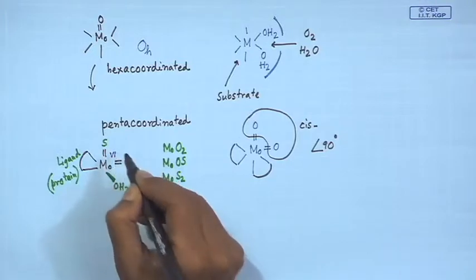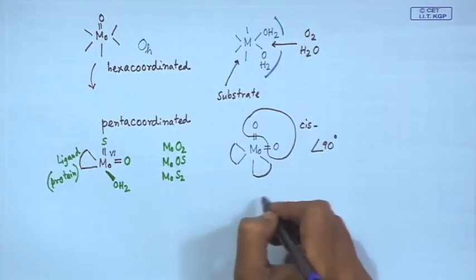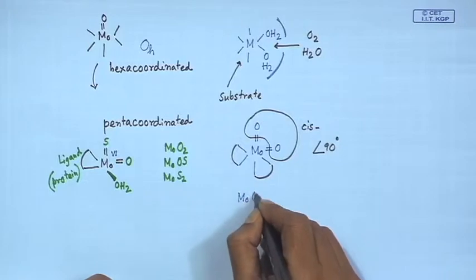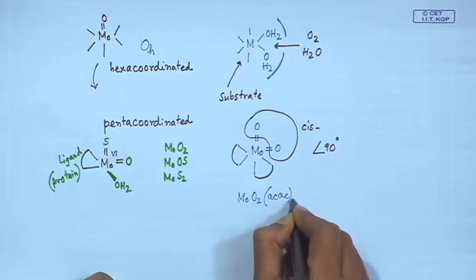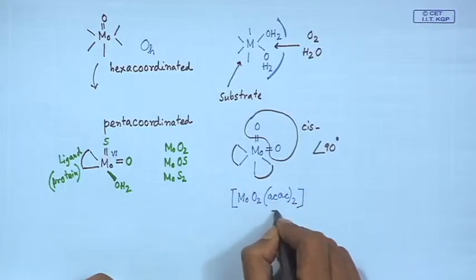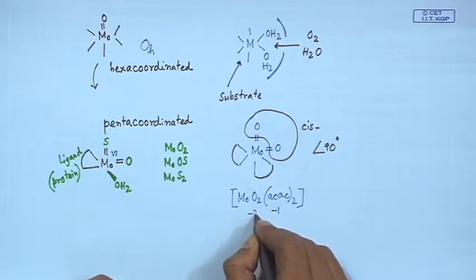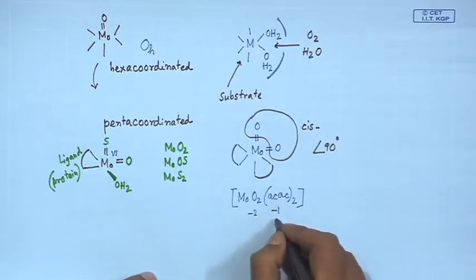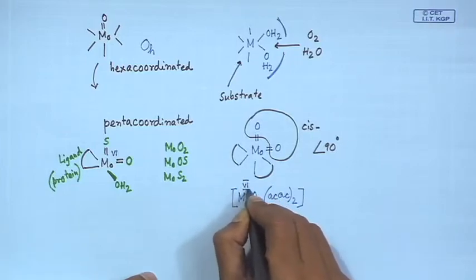Suppose we consider this in +6 oxidation state, because this is a synthetically prepared molecule. If it is the same example we just discussed, MoO2(acac)2, two of the negative charges come from the two acetylacetonate anions, two from the oxo O2 system. So, plus 6 minus 4 and minus 2. So, this center is in +6 oxidation state.